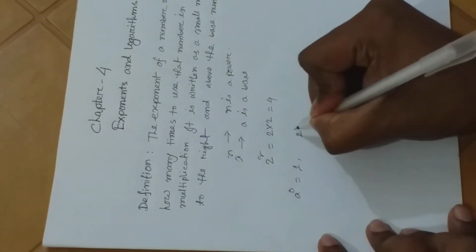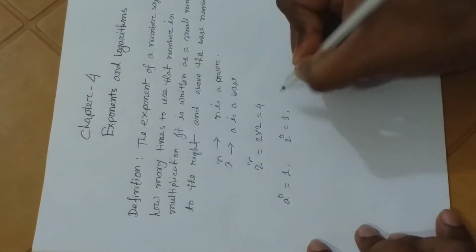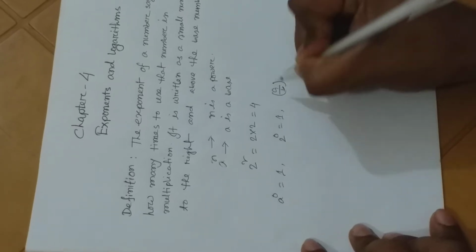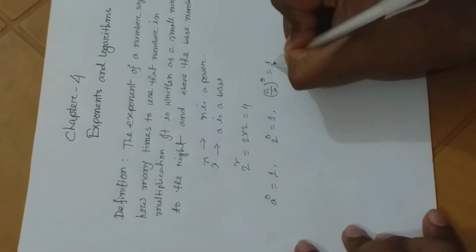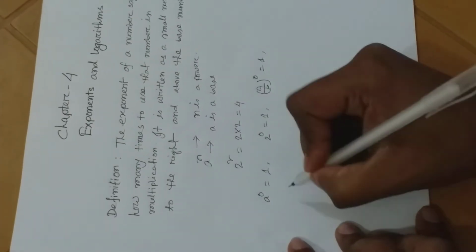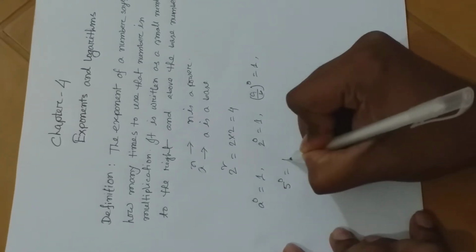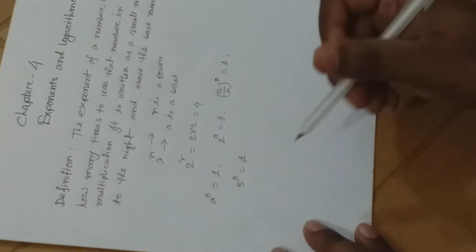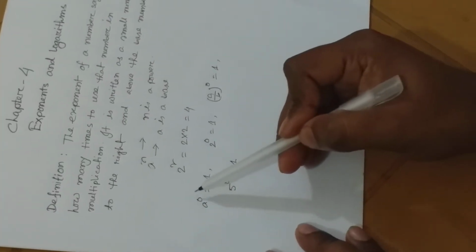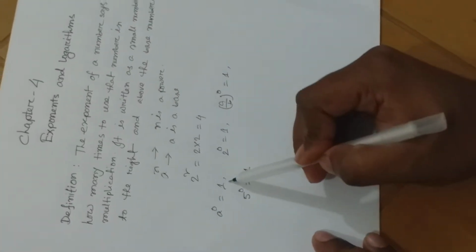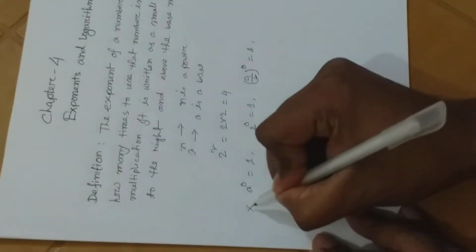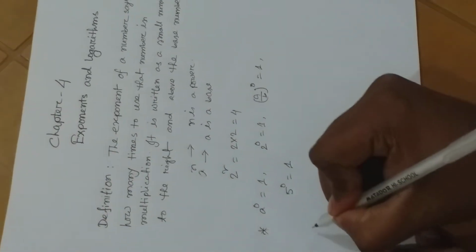Such as 2 to the power 0 equals 1, (a by b) whole to the power 0 equals 1, 5 to the power 0 equals 1. Now you can see when the power is 0, the result is 1. It is one kind of formula.